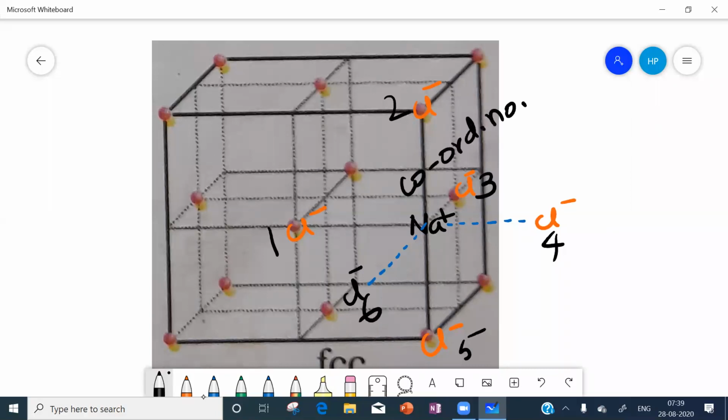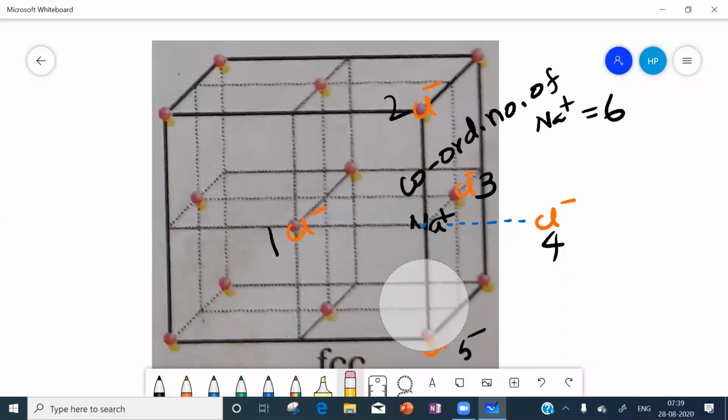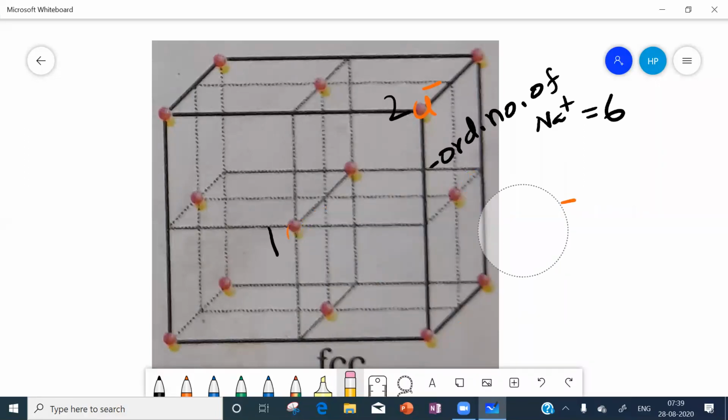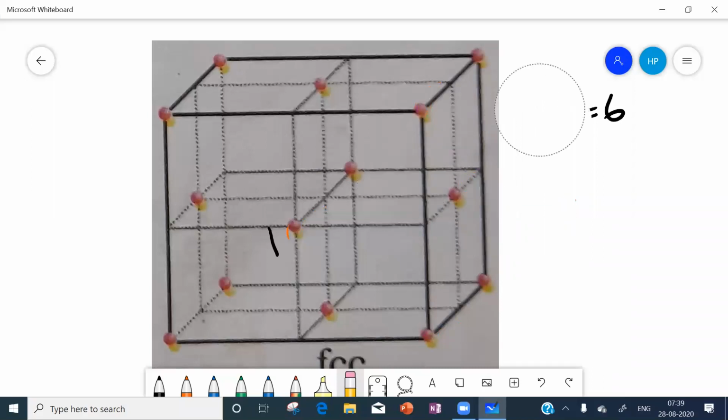Therefore coordination number of Na plus is 6. So whether Na plus is at body center or edge center, its coordination number is 6.